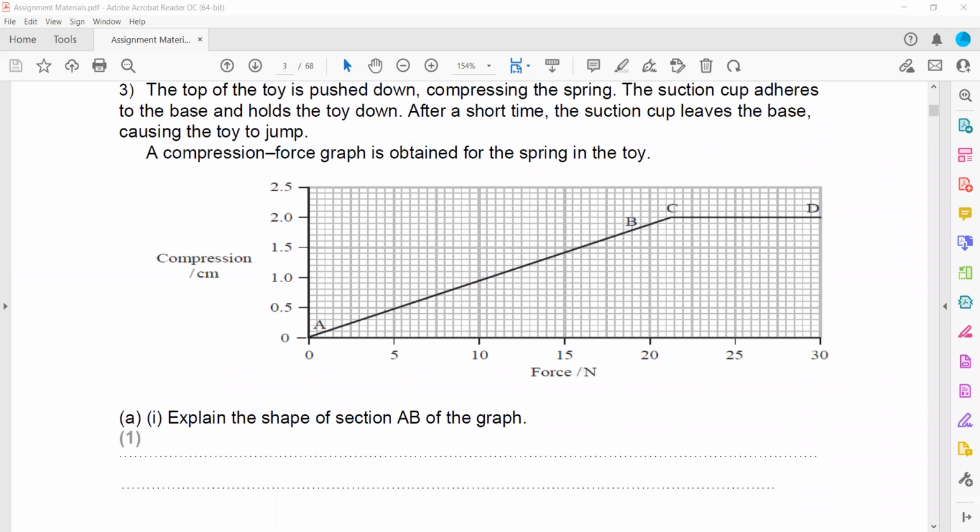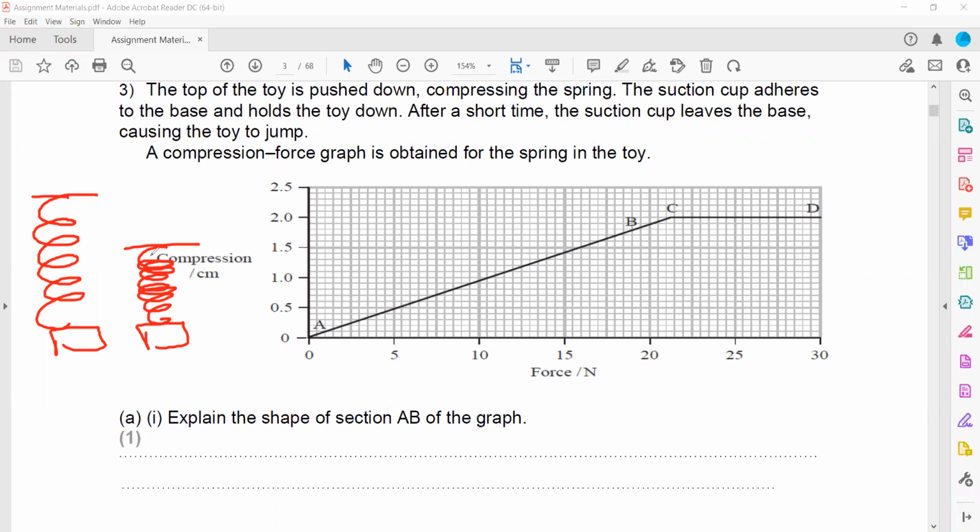Because at this point, the spring is fully compressed, so it cannot be compressed further. That's why it is not changing the length, or the spacing between the coils, or there is no space between the coils. For example, this was the initial state, but when we compress this, these coils come so close to each other that there is no space left to further reduce the spacing between the coils.